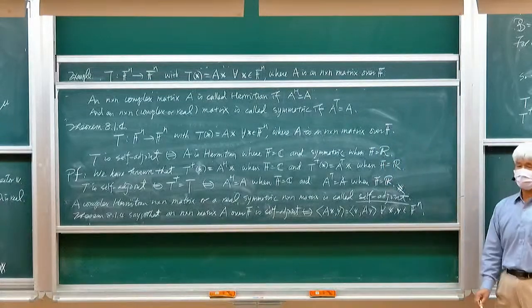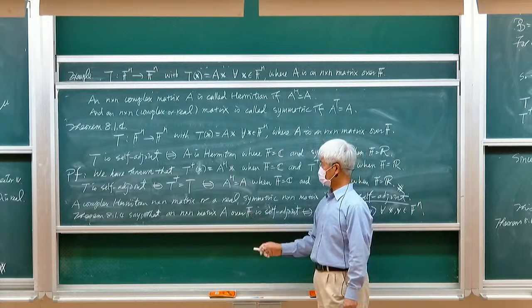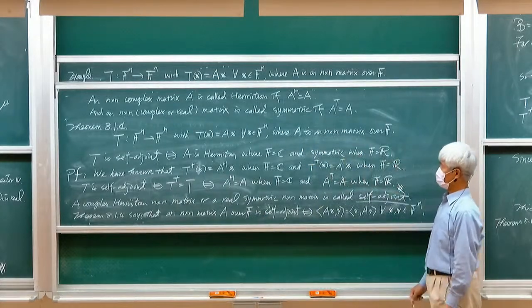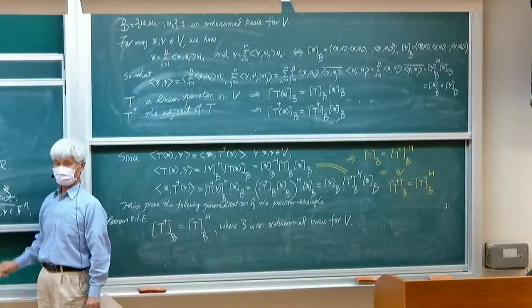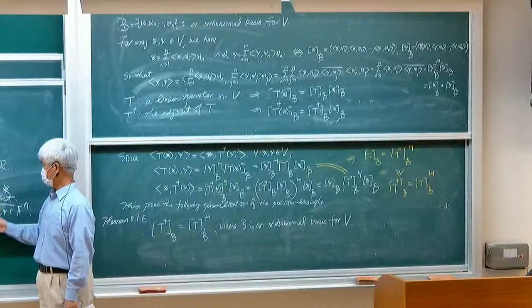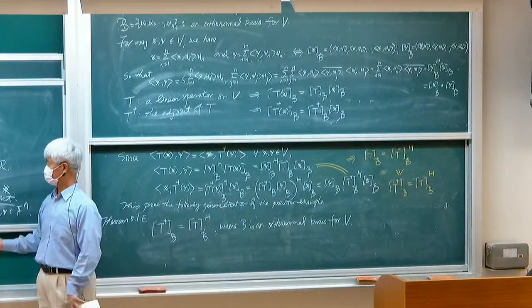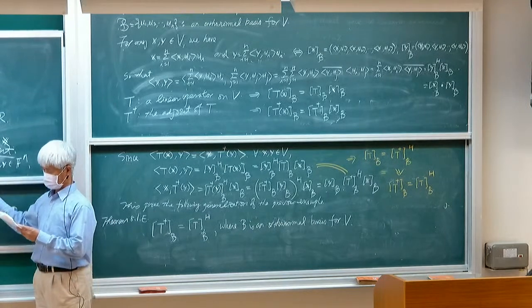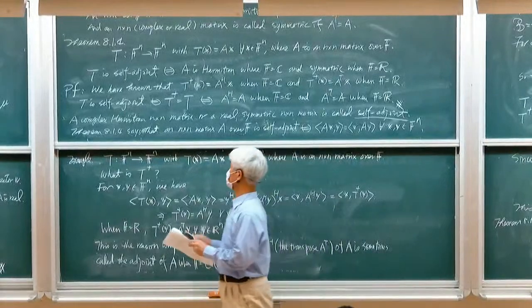So to check whether a matrix is self-adjoint or not, you can check this functional relationship. This functional relationship must be true for all x and y in the n-dimensional Euclidean space.